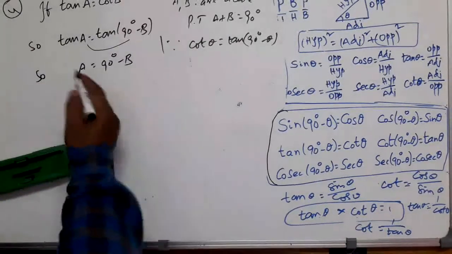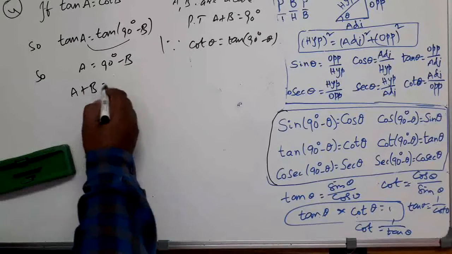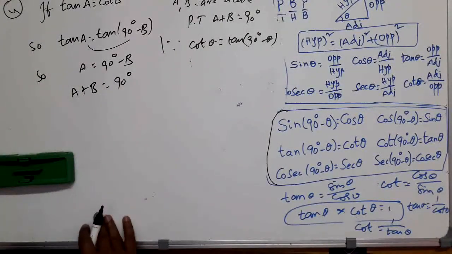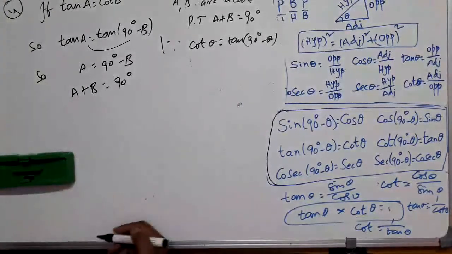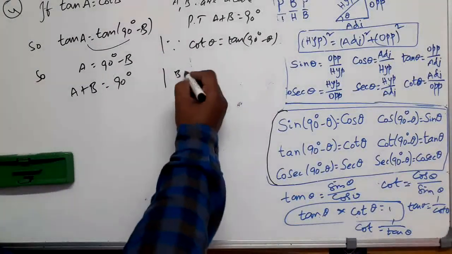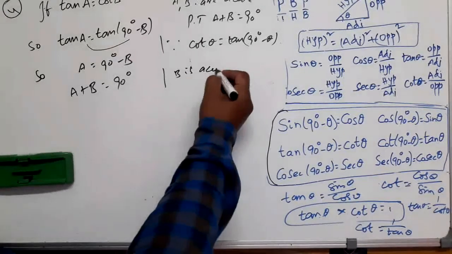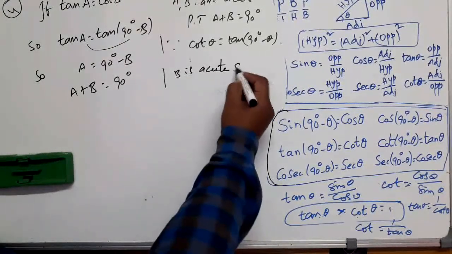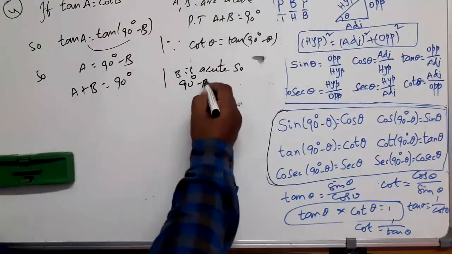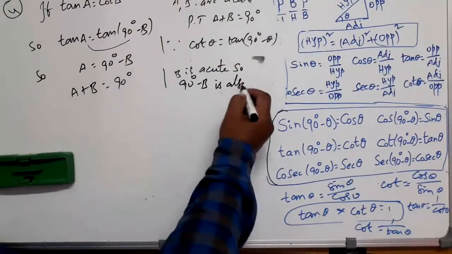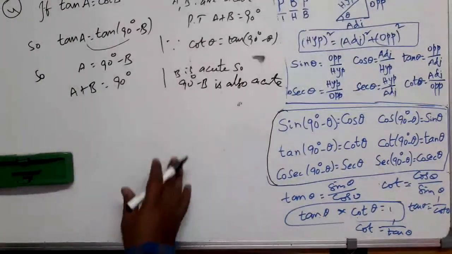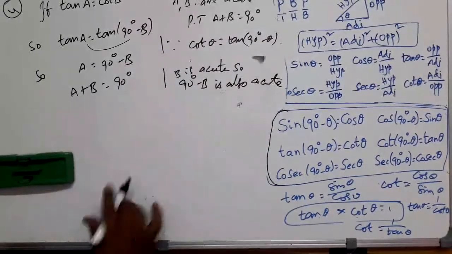From this, yes, if you add B on both sides or transposing, you get A plus B is 90 degrees. That's what is to be proved. Of course, you may write here B is acute, so 90 degrees minus B is also an acute angle. Even if you don't write like this, no problem, nothing will happen, right?